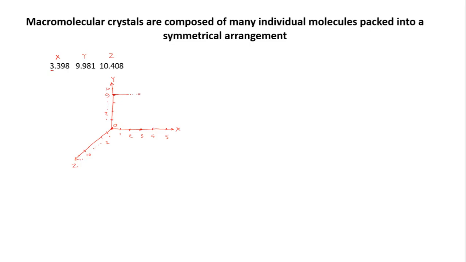You can locate it like this. So this is the 9th position, this is the third position, and on the z-axis it is located at the 10th position, something like this.